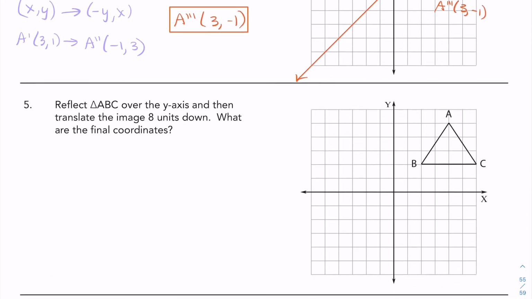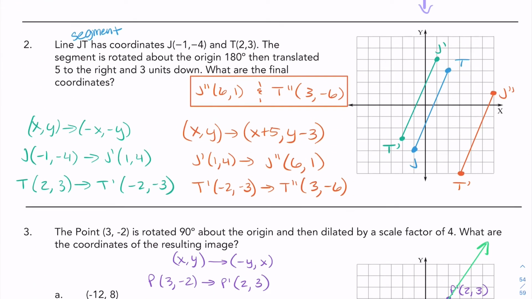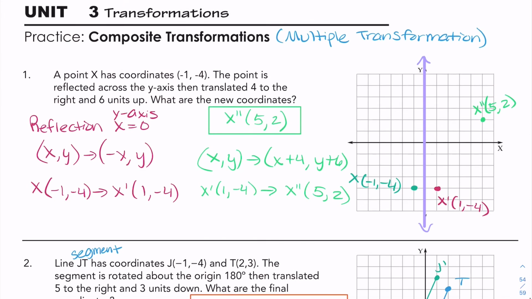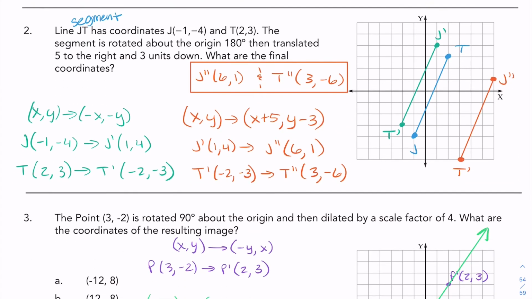All right. Next one, reflect ABC over the, maybe I should number these. This was 1 and 2. Oops. This was 1.